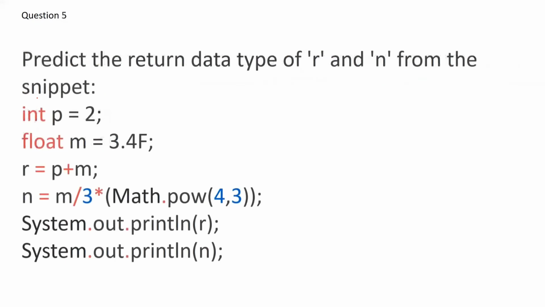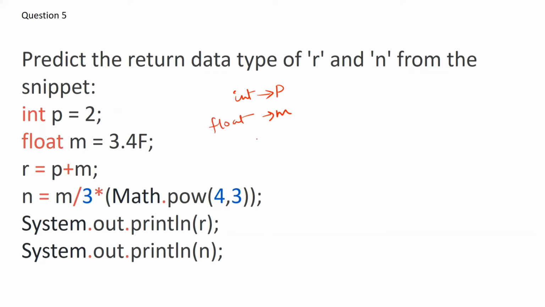Moving forward with this next question, predict the return data type of R and N from the snippet. So guys, here we are having a code snippet given below. The variable P is of type int, having a value 2. Variable M is of type float, having a value 3.4.